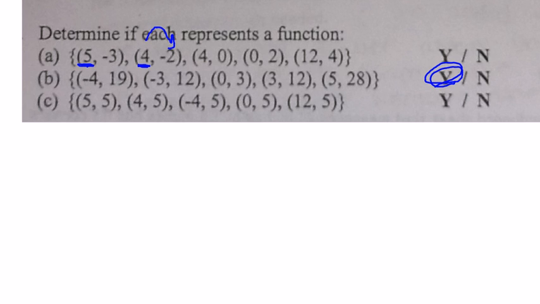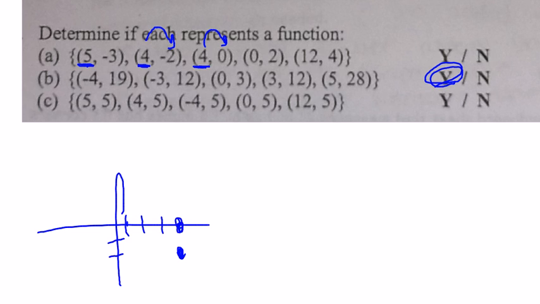My next coordinate pair for this one says that 4 maps to 0, so if I were to graph it, I go 1, 2, 3, 4, and then put my -2, so I would get a dot here, and I would get a dot here. And you should see that that thing would not pass the vertical line test right there. So 4 has what we've called 2 birthdays in this case, so that makes this not a function.